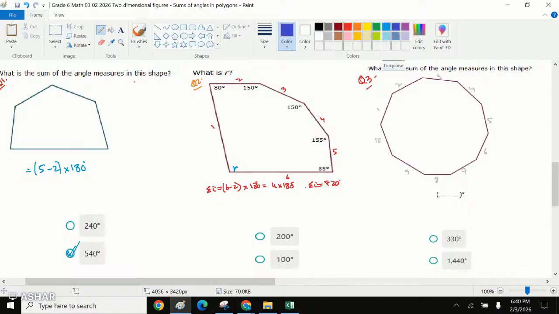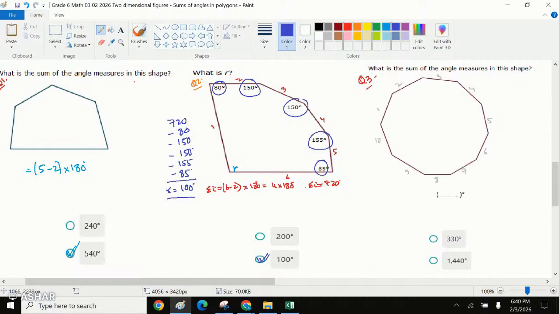And we can say 720 minus the first angle 80 minus 150 minus 150 minus 155 and minus 85, right? So we will be left with 100 degrees, and that means the value of R is perfect, right?